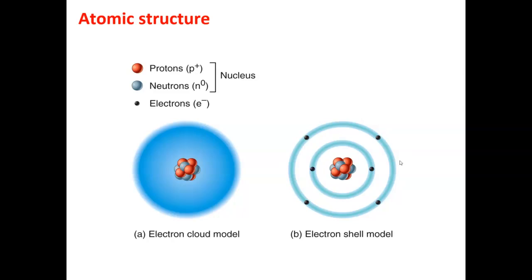So why aren't the electrons pulled into the nucleus? Same reason that the planets orbiting around the sun are not pulled into the sun by gravity. There's gravity in between the sun and the planets. But the planets are moving so fast in their orbits that centrifugal force balances the gravitational attraction from the sun. So they stay out there in their orbits. And same thing here. These are spinning around so fast that they don't get pulled into the nucleus.